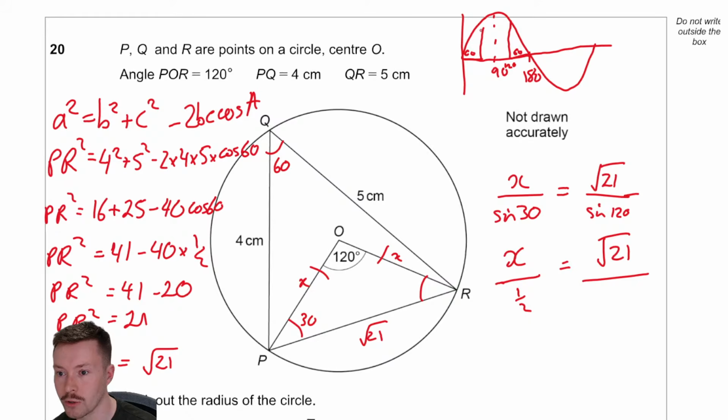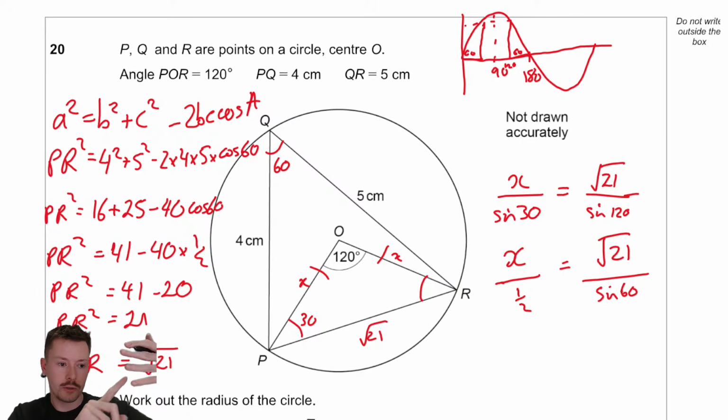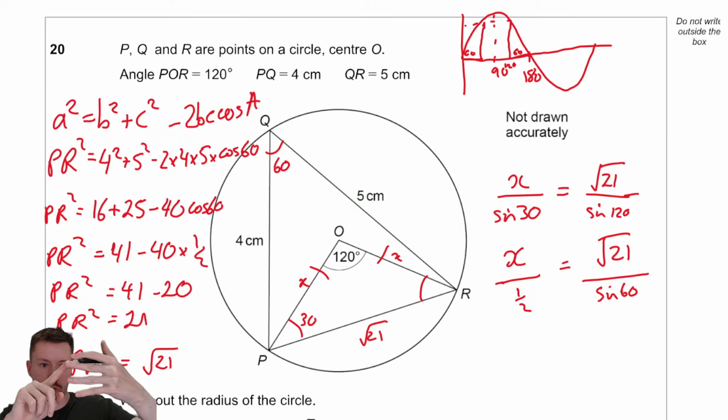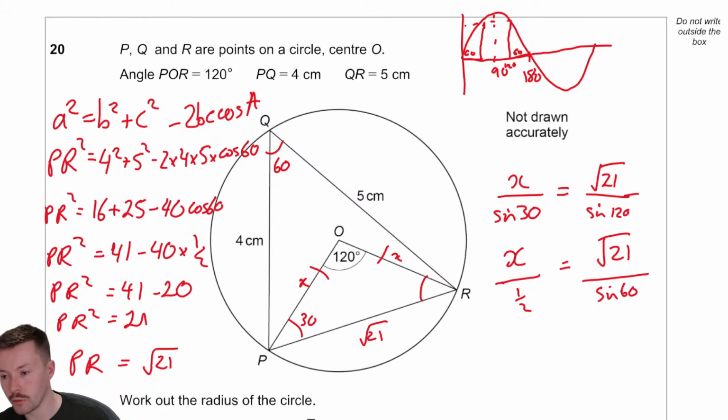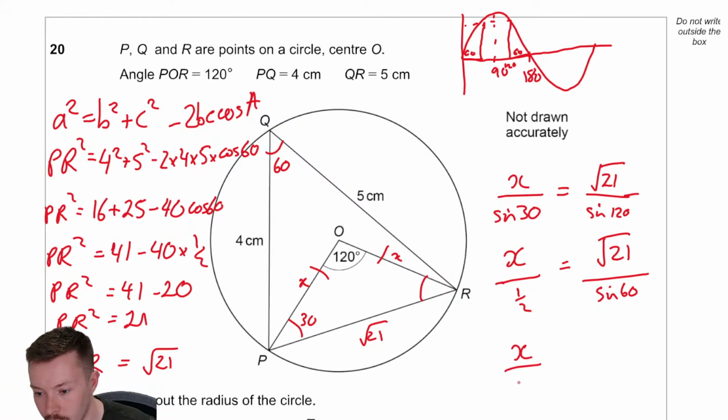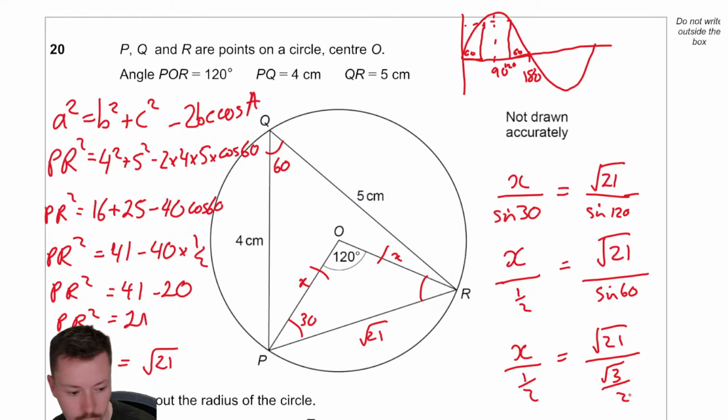So that is going to be the same as sine 60. So 0, 30, 45, 60. So that is root 3 over 2. Okay, so I've got x over a half equals root 21 over root 3 over 2.